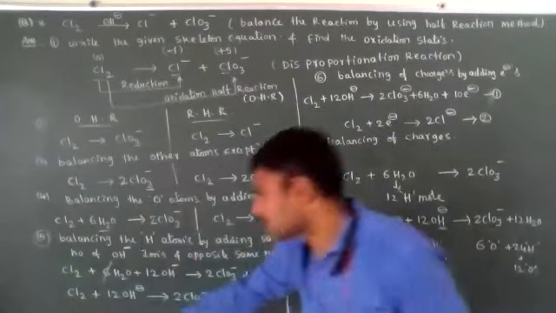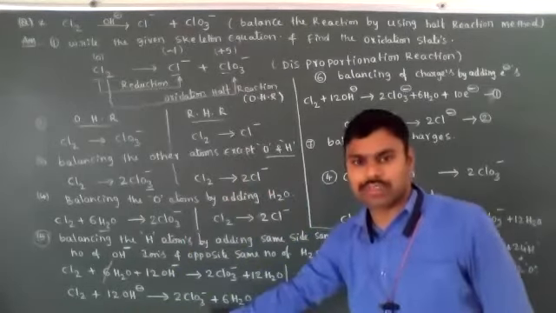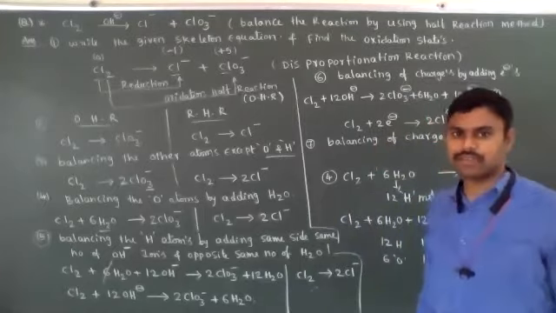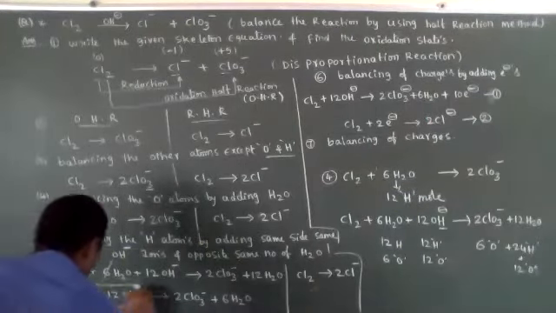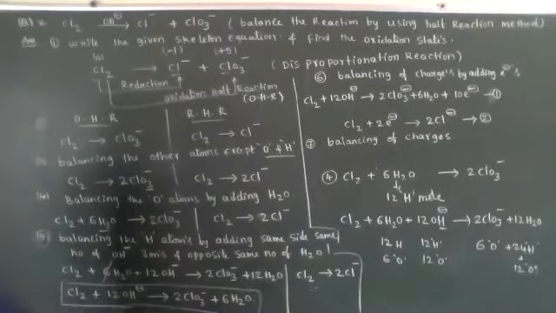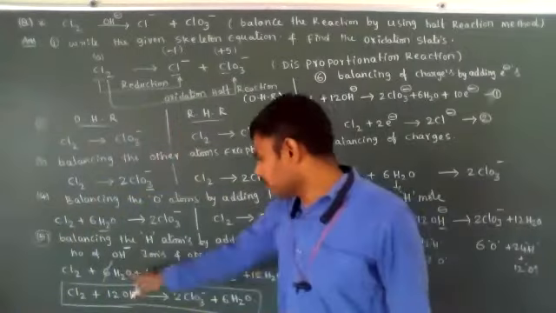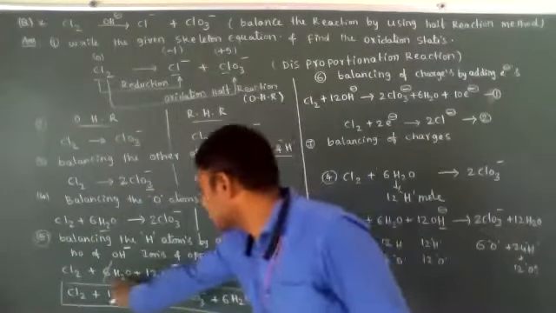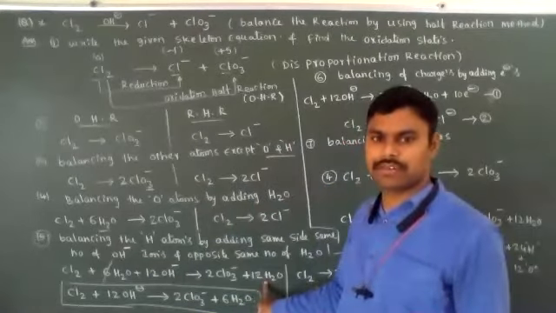Then the resultant equation is Cl2 plus 12 OH minus converted into 2 ClO3 minus plus 6 H2O. Understood? This is the exact balanced equation for balancing of hydrogen atoms, just simplified. If you don't want to simplify now, we can do the simplification at the end also. Of the water molecules 6 and 12, 6 will cancel and finally only 6 will be present.